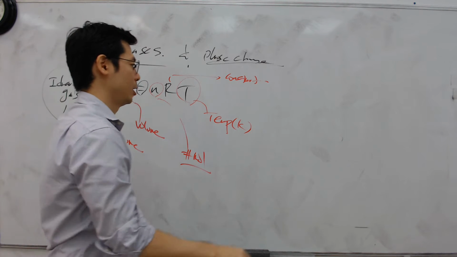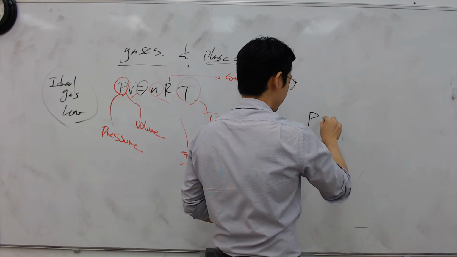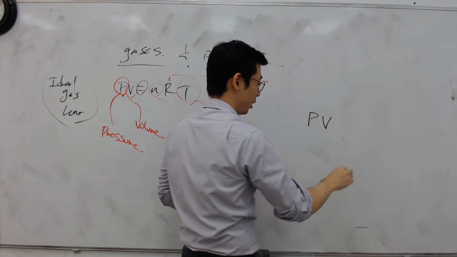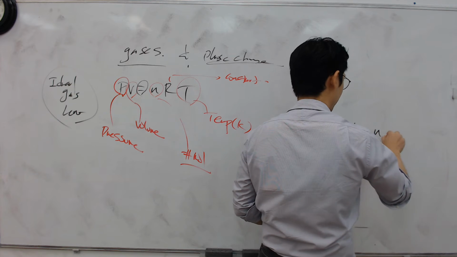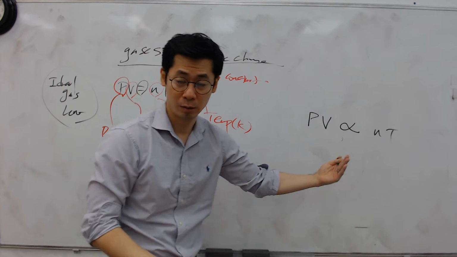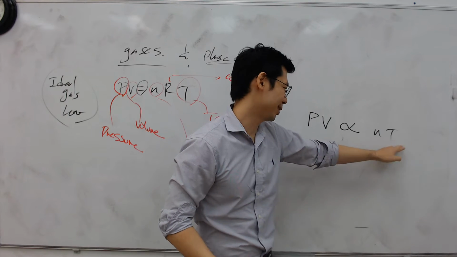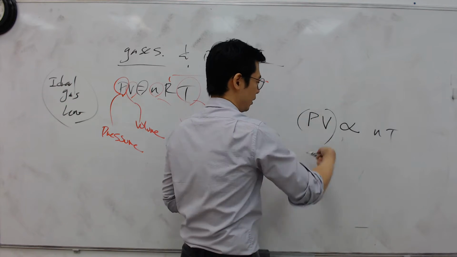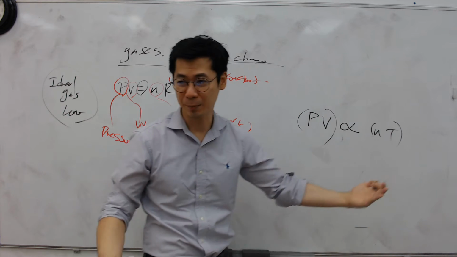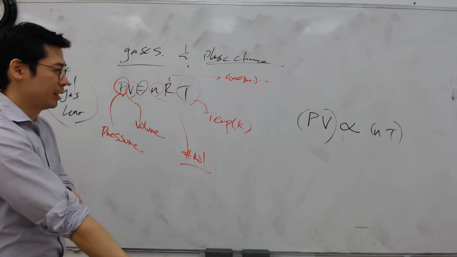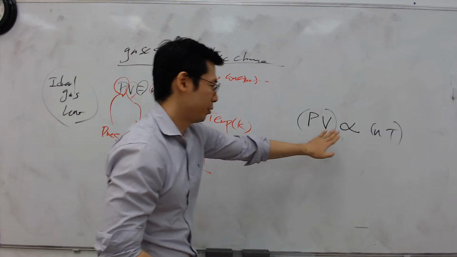Meaning, pressure and volume, when you multiply these two, are proportional to n times T. If you double the pressure, then this side will double too, right? But the values are not equal to each other.